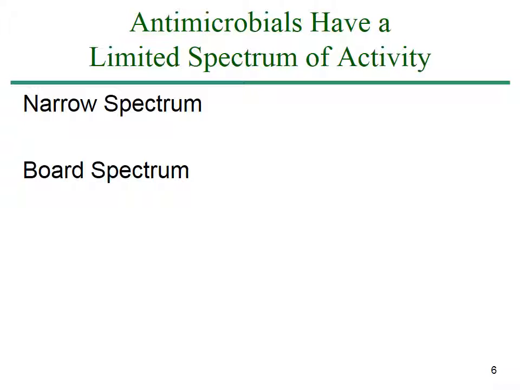When Lyme disease first came about, they didn't know what was causing it. They honestly didn't know whether it was bacterial or viral, and they said, well, give them tetracycline and see what happens.